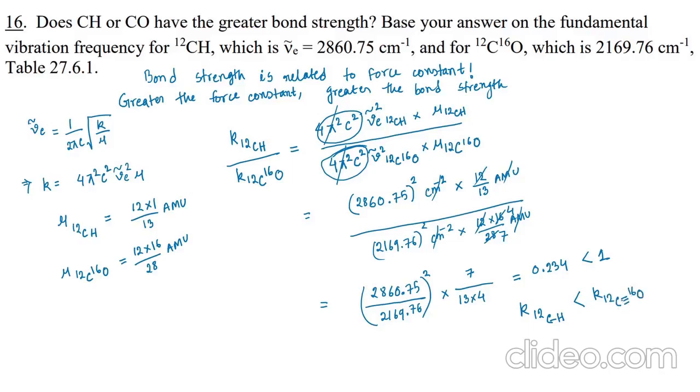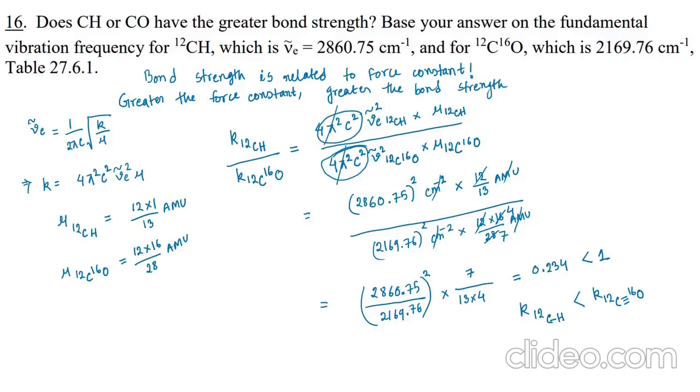See, actually this is a triple bond, right? We know carbon monoxide, and CH is a single bond. So eventually, by looking at this, we know that the triple bond is going to be stronger. But mathematically, we have derived that the force constant of 12CH is going to be smaller than the force constant for the 12C16O bond.